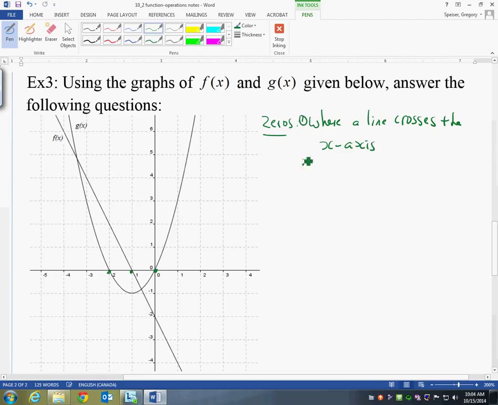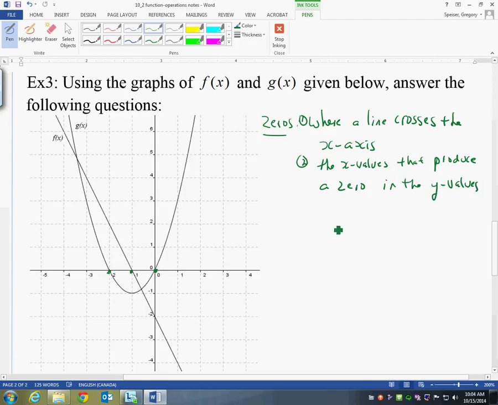That's one way to look at it, okay? Another way to look at it is, well, let's look at this one. The x value is negative 2, and the y value is 0. So it is the x values that produce a 0 in the y values.